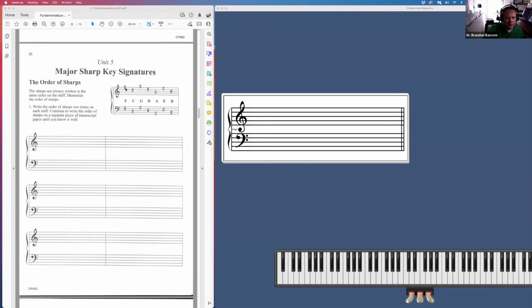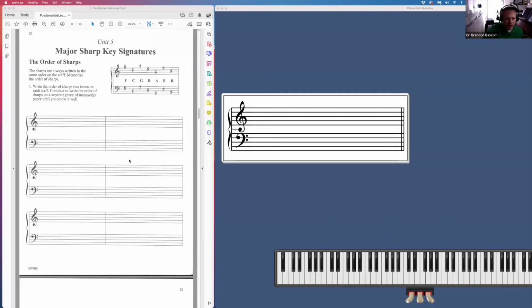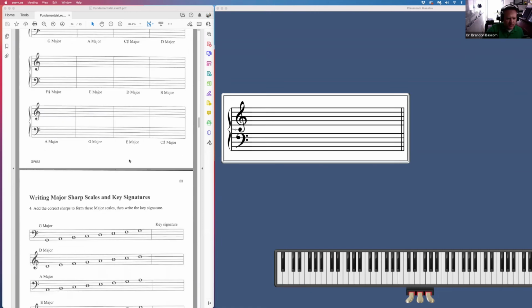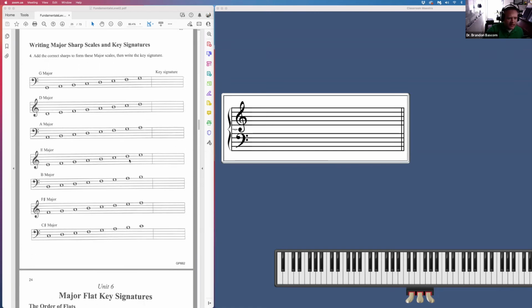Remember that our sharp keys zig, zag, zig, zig, zag, zig in both clefs. Zig, zag, zig, zig, zag, zig. Writing in the order of the sharps. Identifying our sharp key signatures, writing our sharp key signatures, writing in the accidentals.